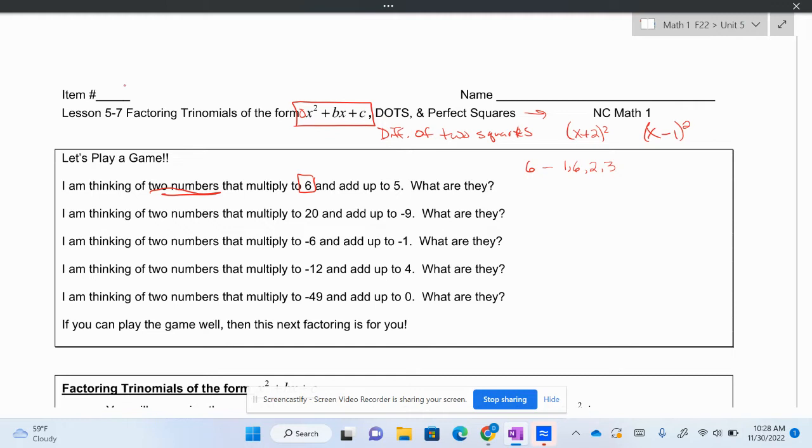Okay, so if I took 1 multiplied by 6 and I added 1 and 6, 1 times 6 is 6, but 1 plus 6 is 7. So that is not going to work. But if I think about 2 and 3, let's see, 2 times 3 is 6, and 2 plus 3 is 5. So what are the two numbers or the two factors that I'm thinking of? I'm thinking of the number 2 and the number 3.